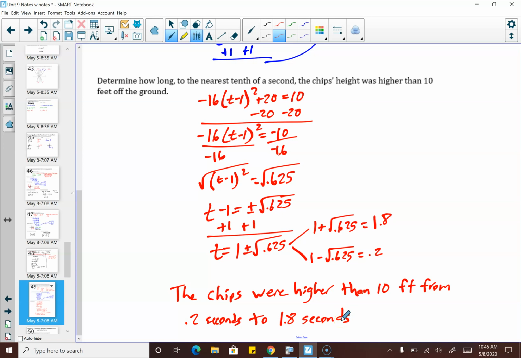Okay, so we're going to use that as this is going to be the first time it hits 10 feet, then it's going to go above that, and on its way back down, this will be how long it takes to hit that 10 feet again on the way back down. So we're going to use those as an interval: 0.2 seconds to 1.8 seconds for when our chips were higher than 10 feet.